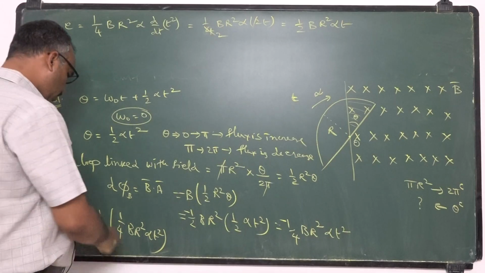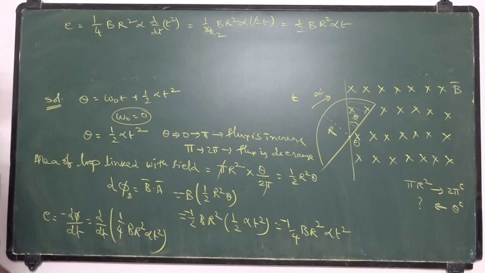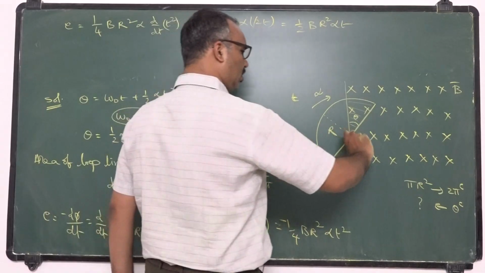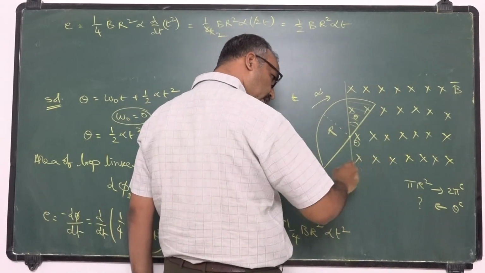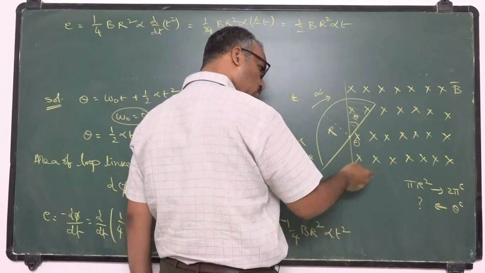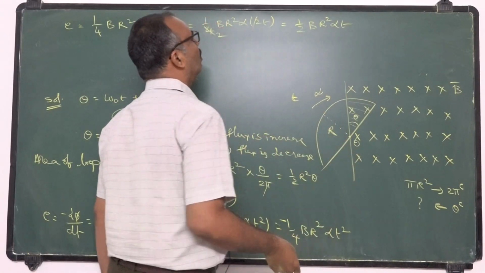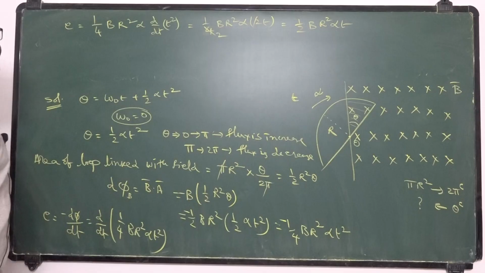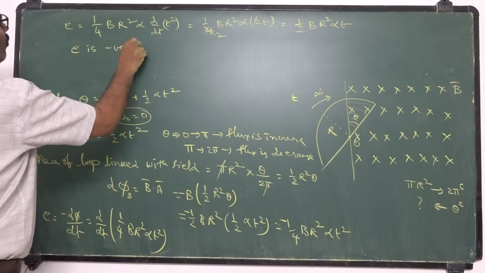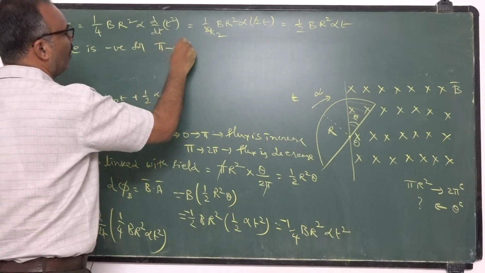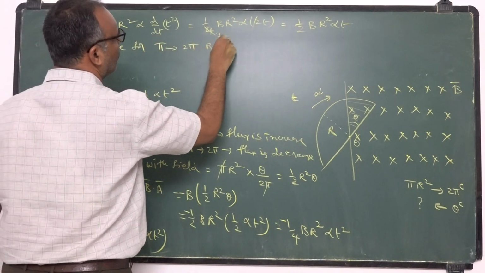In this case, you are getting the value of EMF as positive for the first half cycle. That means entire loop will enter into the magnetic field. Once the loop is starting to come out of the field, the EMF value should be taken as negative. E is negative for pi to 2 pi rotation.